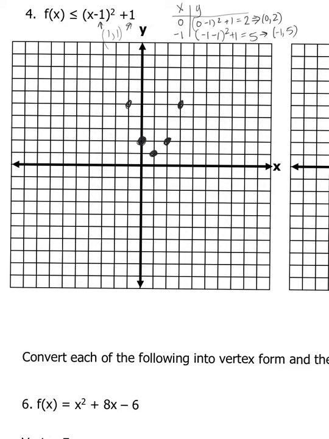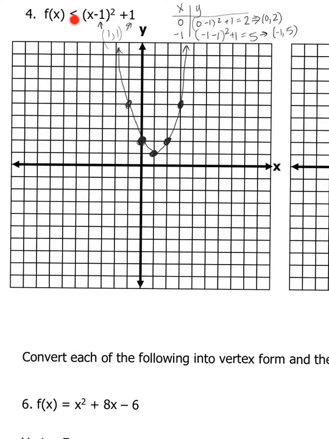Before connecting these dots, take a look at your inequality sign. This is a less than or equal to. Because it's or equal to, you can go ahead and connect that with a solid line. Make sure you go all the way up to the top of the graph and put some arrows on that guy. We are not done until we shade. We're going to shade this depending on the inequality symbol.